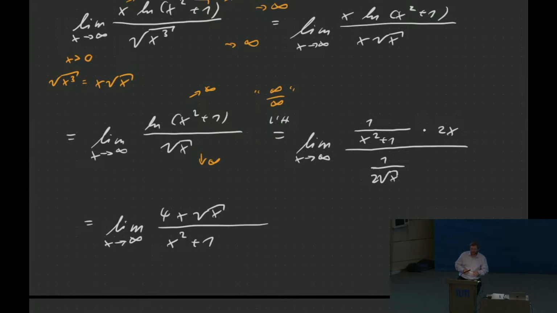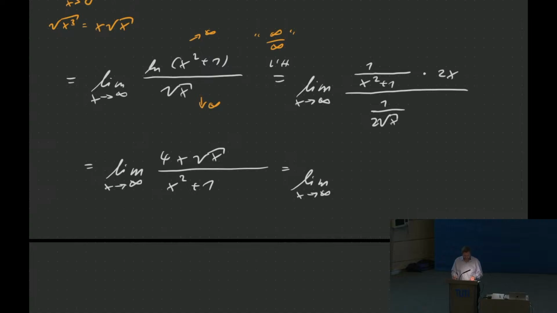And this is again a type of limit that you should be familiar with. Basically a polynomial. The only exception is the square root here, but we can treat it in very much the same way. What we do is we divide by the highest power of x. We have an x squared here, and here we have an x times square root.